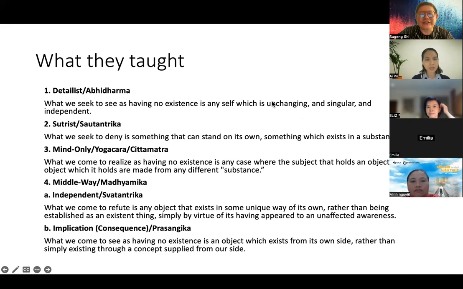Anything which doesn't have cause. Unchanging, singular, independent means they don't have cause. So if you understand the cause and effect, then you are in the detailist school. So the emptiness according to detailists is the absence of things that do not have cause.